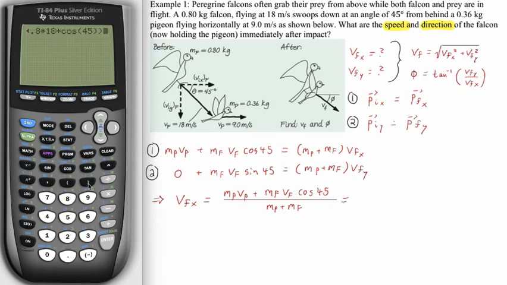We'll close that off, open up the denominator, and put our combined masses, 0.36 plus 0.8. So m total is 1.16. Then we can close that.